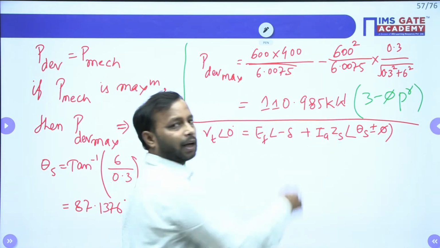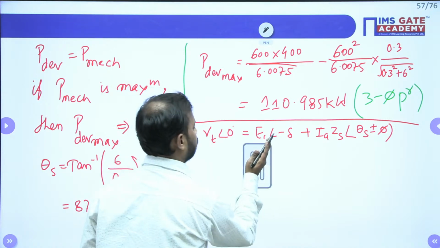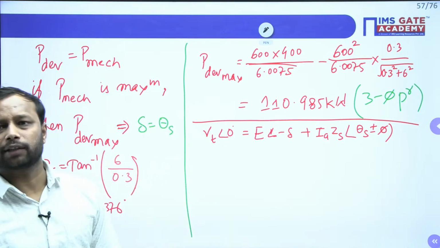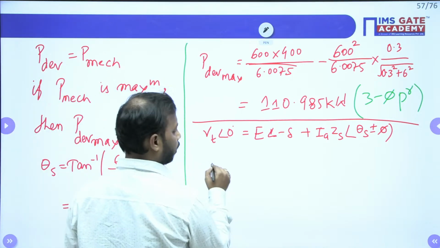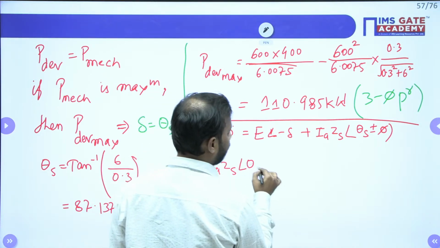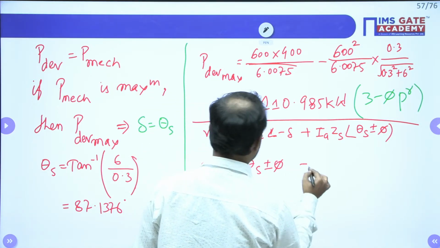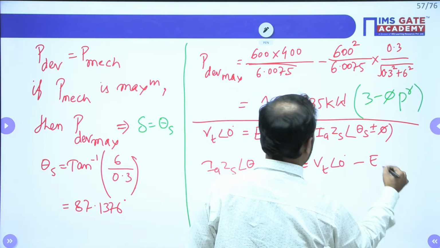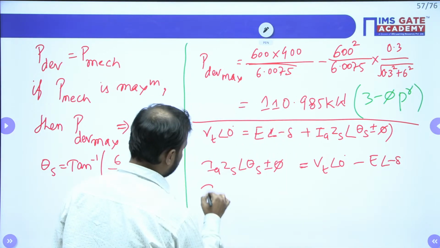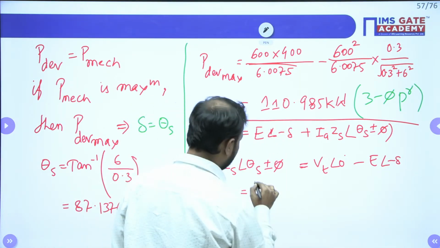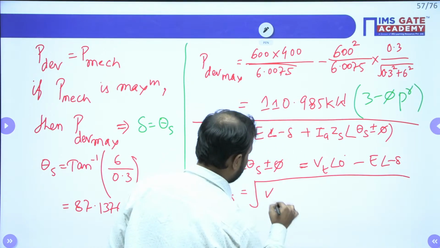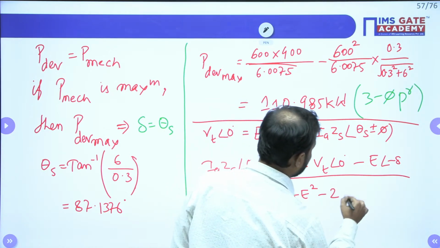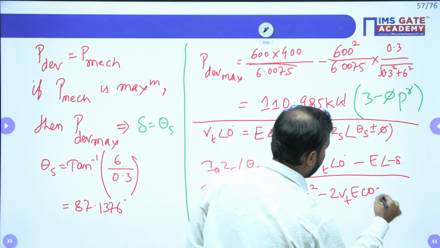So this I and Zs are magnitudes. EF, I have taken as E. All right, E and EF both are the same here. So IA Zs at an angle theta S plus minus phi is equal to Vt at an angle 0 minus E at an angle minus del. Take the magnitude. If you take the magnitude here, you will have Vt square plus E square minus 2 Vt E cos del.